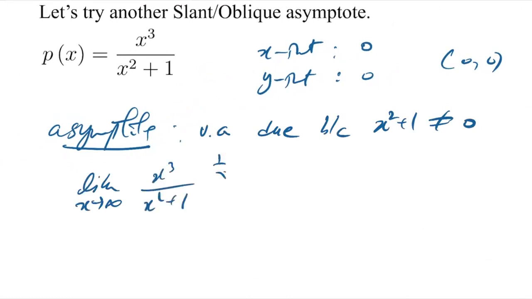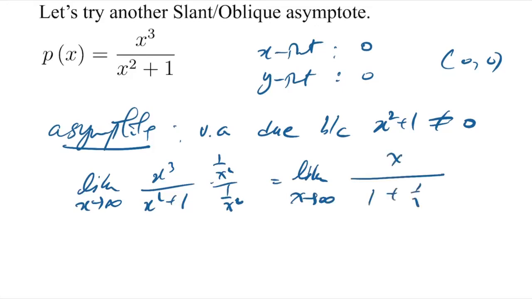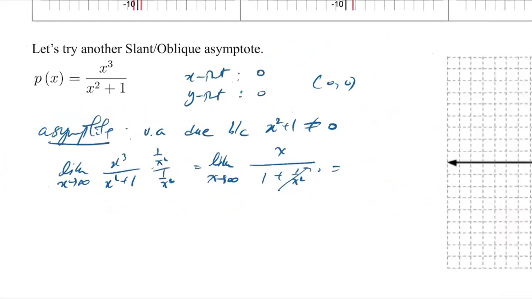So you multiply by 1 over x squared, and we'll end up with the limit where the numerator is just x, that'll be 1 over x squared. Obviously that goes to 0. And we have that the y is this. So what that tells me is that my y value is equivalent to this, its behavior. So as x goes to infinity, my y behaves like x, which also goes to infinity.